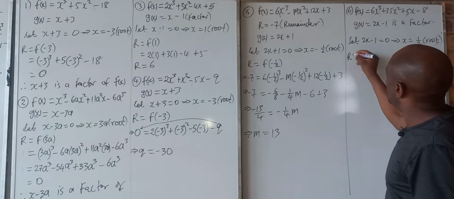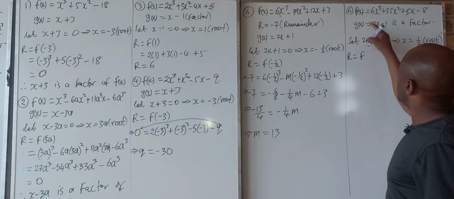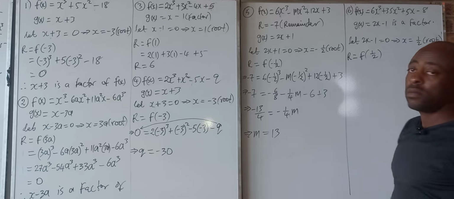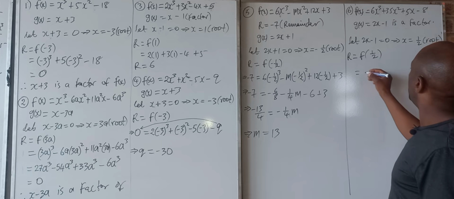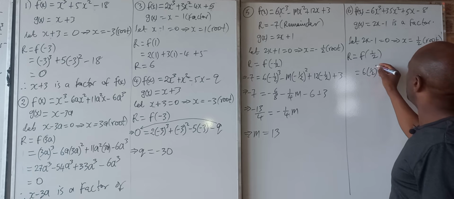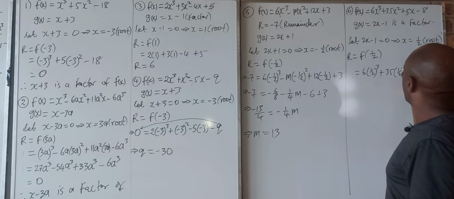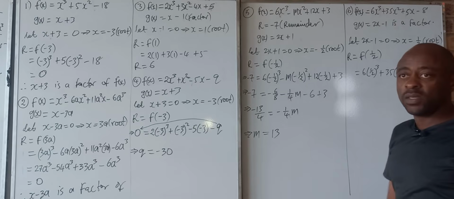Then I will go to the calculation of the remainder, which means I'll go into the bigger function. I'll replace every x by the root. So I'll get 6 into a half cubed plus 35 into a half squared plus 5 into a half minus 8.